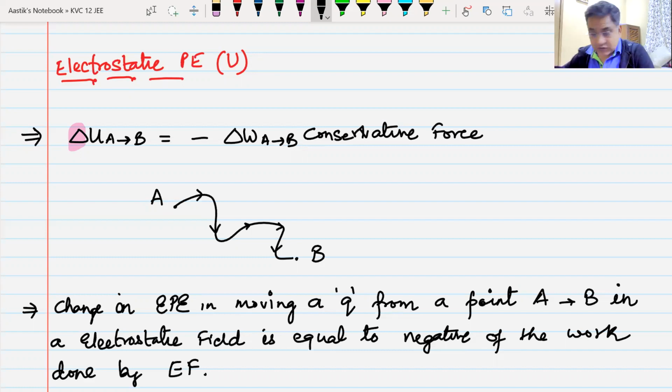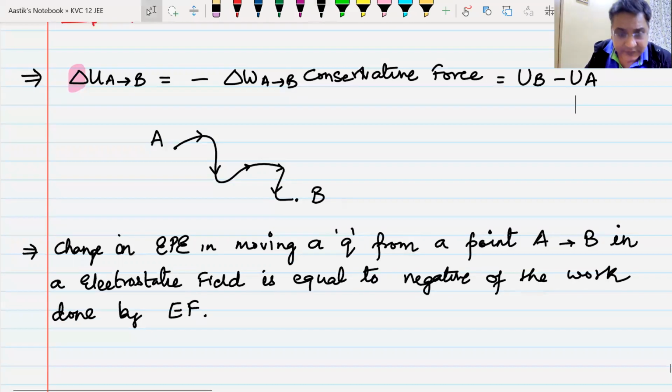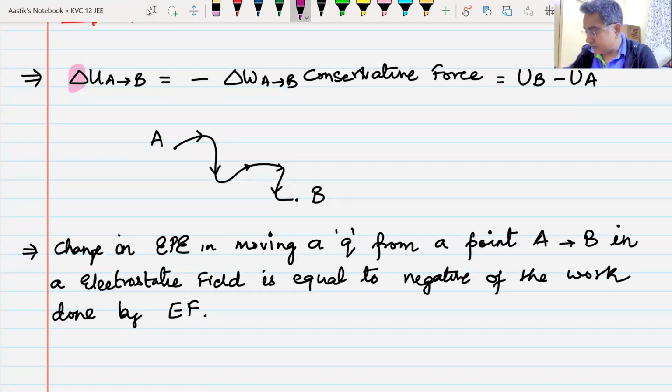And whenever I talk about change in electrostatic potential energy, it will be equal to final energy UB minus initial energy UA. Remember this, don't forget this. So basically what I am saying here is UB minus UA, electrostatic potential energy at point B minus electrostatic potential energy at point A, is negative of work done from A to B by that conservative force.